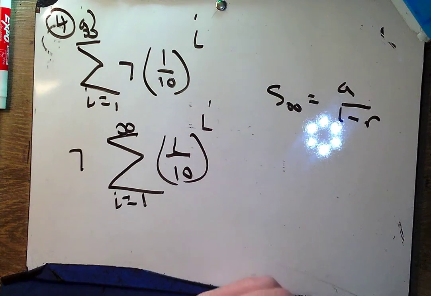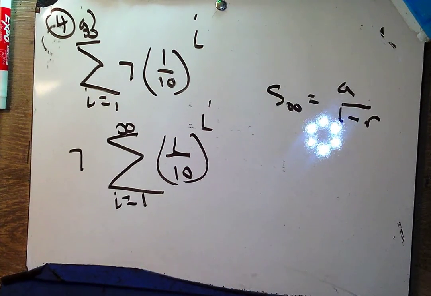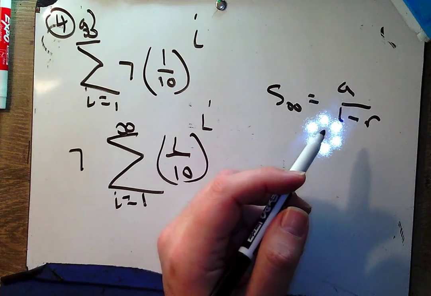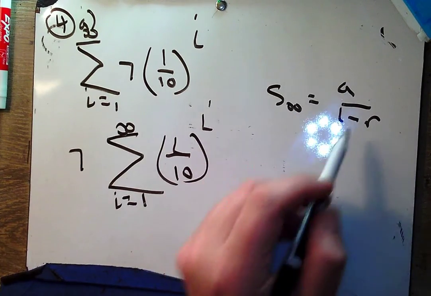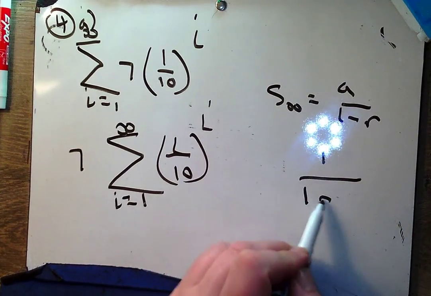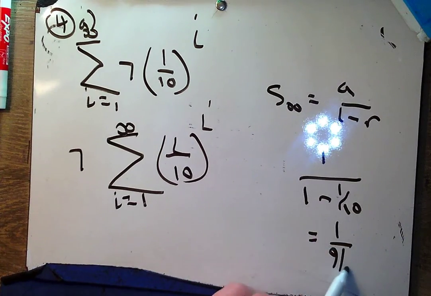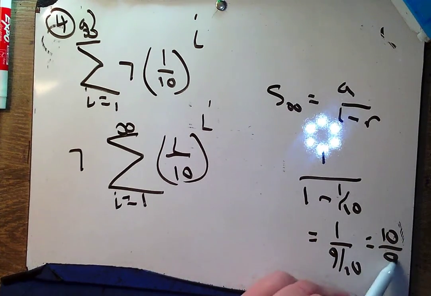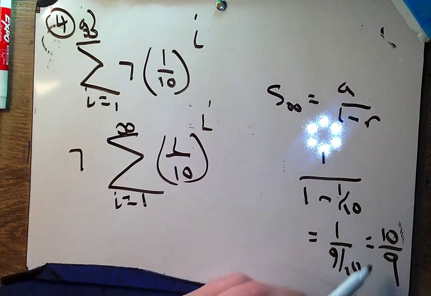Okay, and so that A is that starting amount, which I believe for us is 1. And our r is 1/10, so I got 1 over 1 minus 1/10. It's going to be 1 over 9/10, which is 10/9. The sum of, really, 10/9?